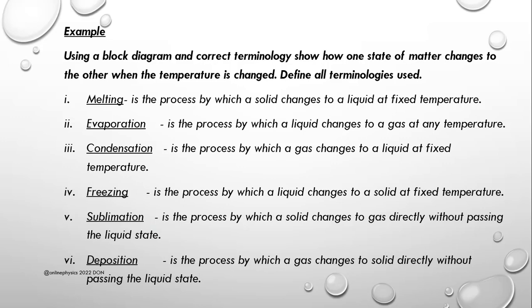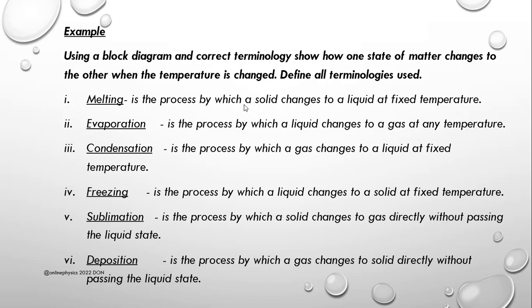Good. Then move to the next part, under which we are going to look at change of state. Under this part, we have a question which students are supposed to explain, but I'm going to give an opportunity so that you can see some videos which explain the change of state.